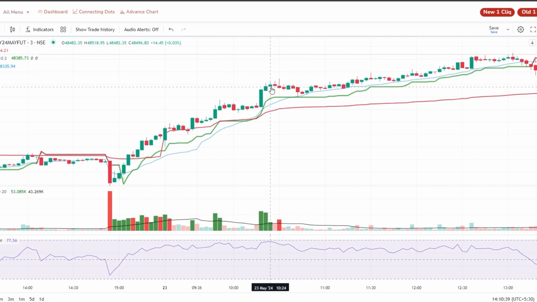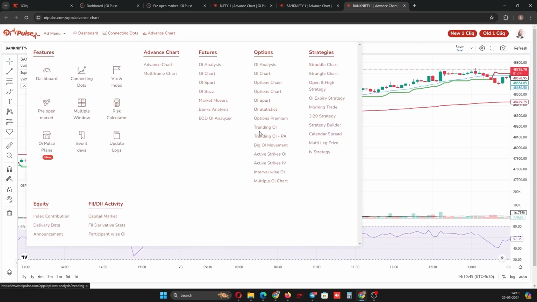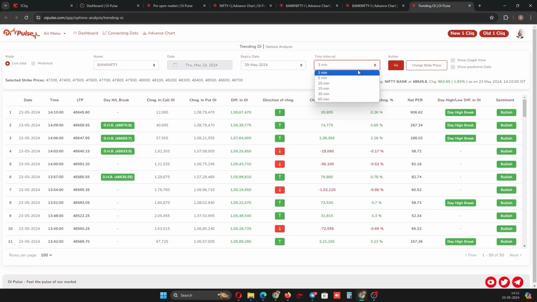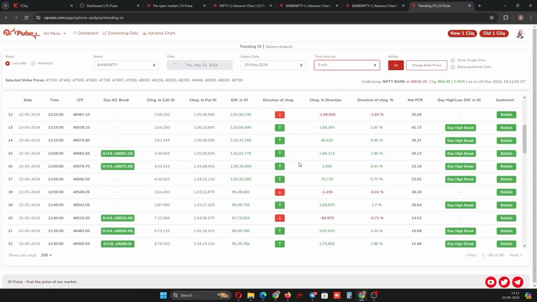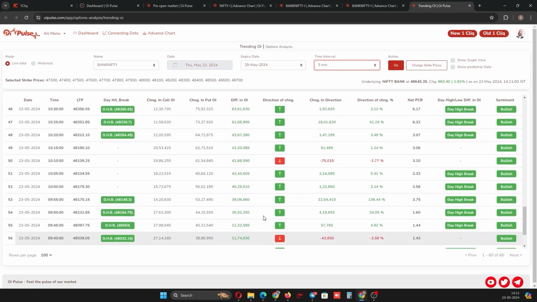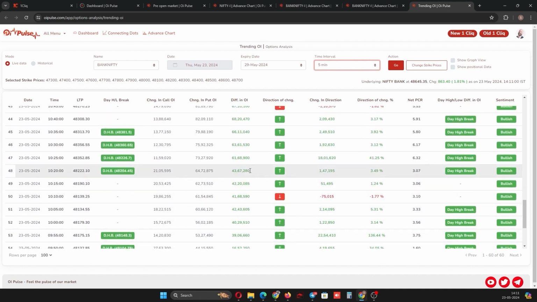Okay, before that I will check whether the market is in long build up or short build up. For that I'll go to trending OI. At what time did we get the two candle theory? 10:21. Okay, at 10:21 we'll keep the 5 minutes time frame. You can see at 10:21 it is in long build up and you can see they are continuously increasing the writing on put side.